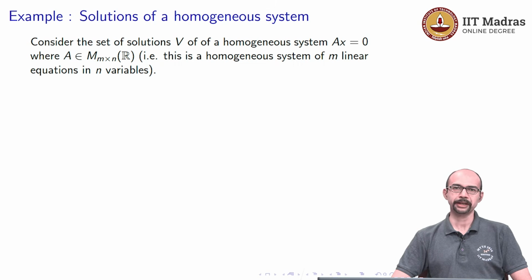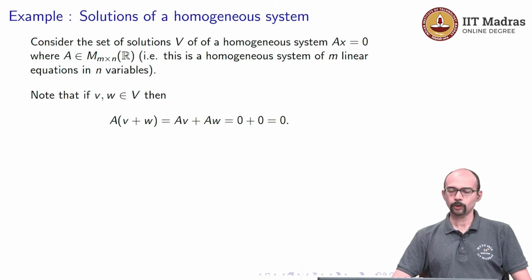and A is a matrix, let's say of size m by n. So this means it has m linear equations in n unknowns or n variables. So x consists of the coordinates x1, x2, up to xn. Okay. Now, I am calling them vectors because this set of solutions is already a subset of Rn.